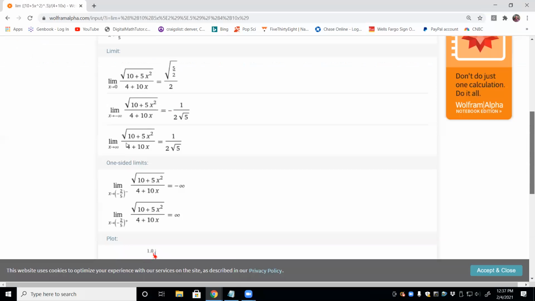Yeah, here you go, right here. See where my cursor is? So 1 over 2 square root of 5. And I'll bet you that's the same as what we got. In other words, is that equal? What did I come up with? Square root of 5 over 10?